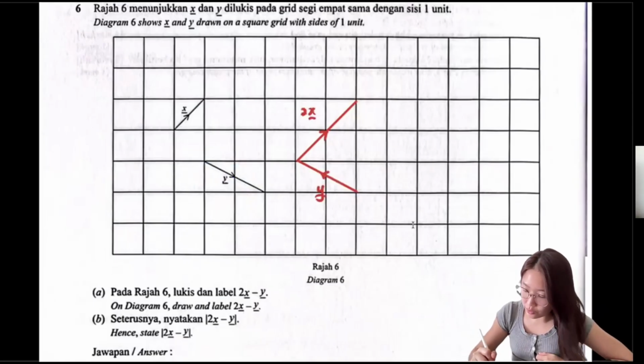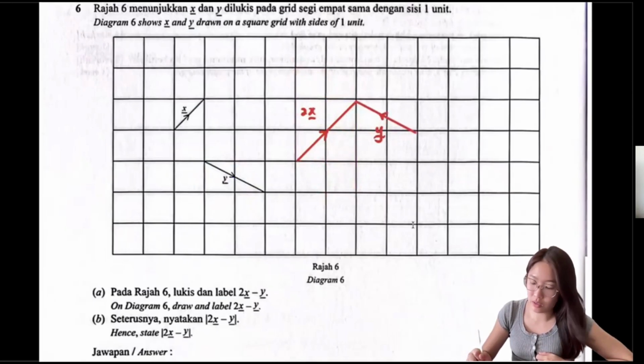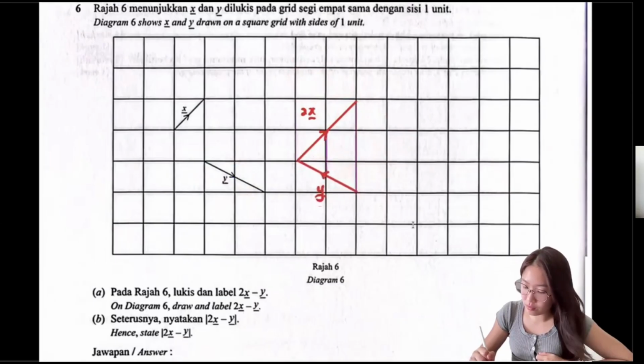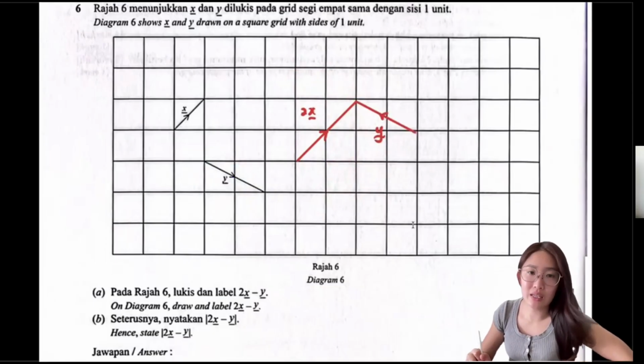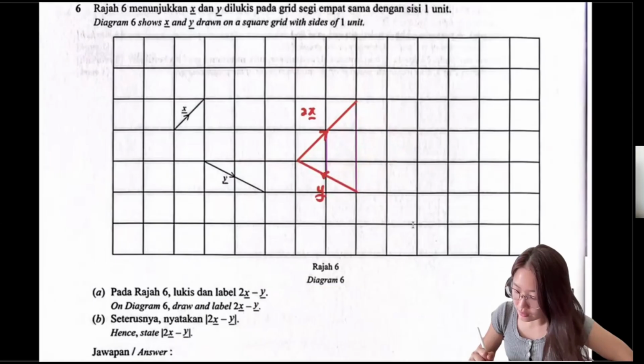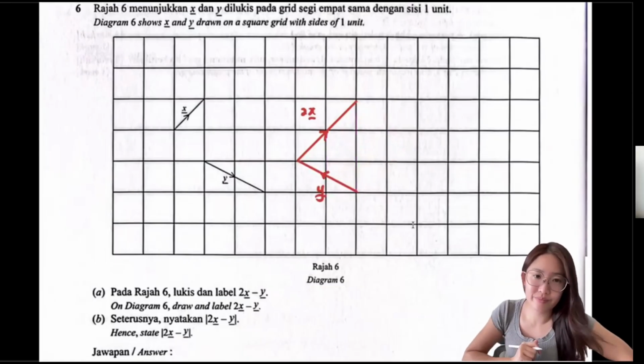Or you can attach your y here. Up to you. Here or here, but not like this. Why cannot? Because you see the arrows, they clash with each other. So cannot. You have to make it a one-way path.